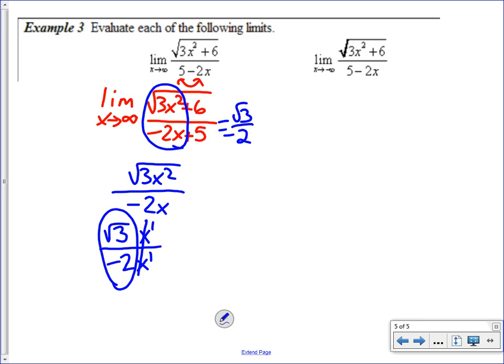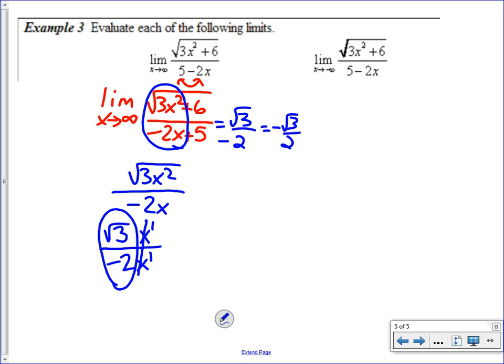When we evaluate that square root, we want to take the positive root because x is approaching positive infinity. So we know we would take the positive root. So this actually would end up being negative because we get square root of 3 over -2, which basically is negative square root of 3 over 2.